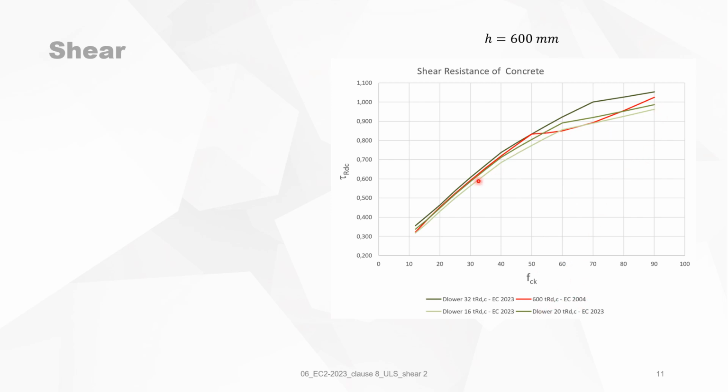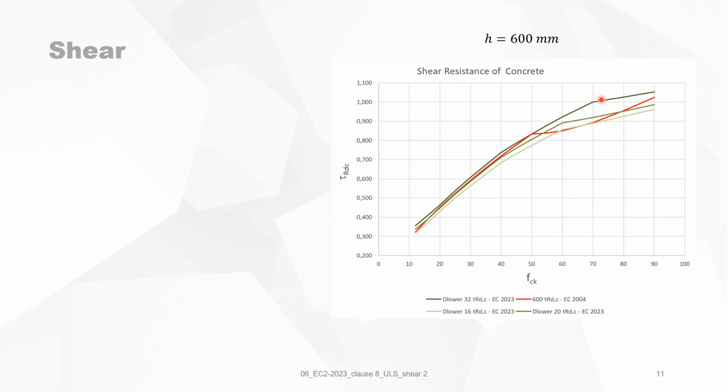That's the red curve, and the greens from light green to dark green. The light green is for 16 millimeters. Then we got 20 millimeters and 32 millimeters. So 16, 20, and 32 millimeters.